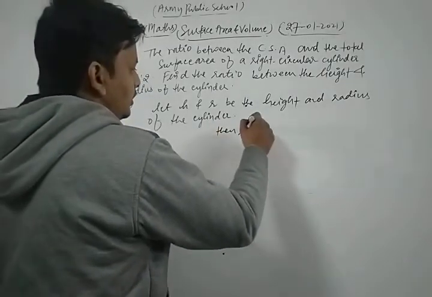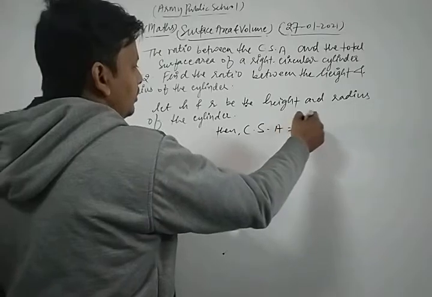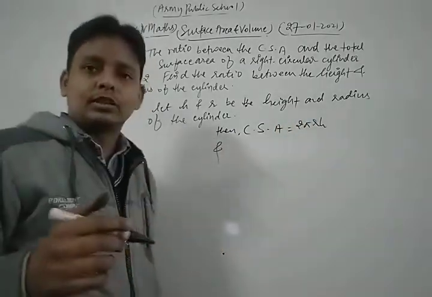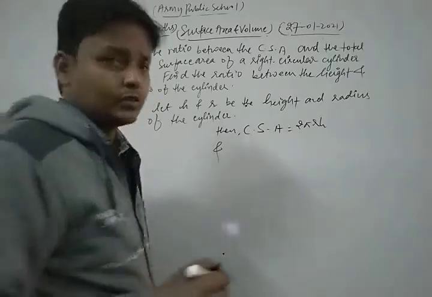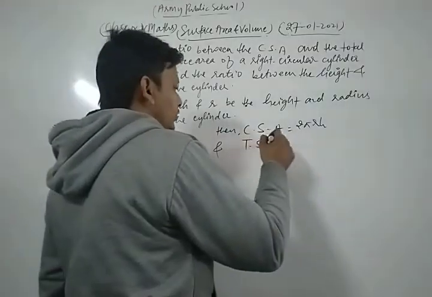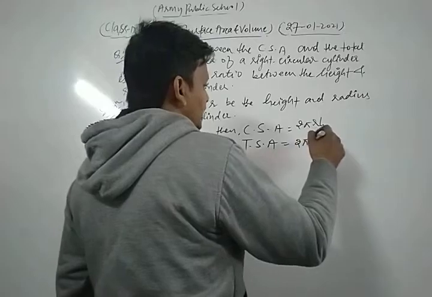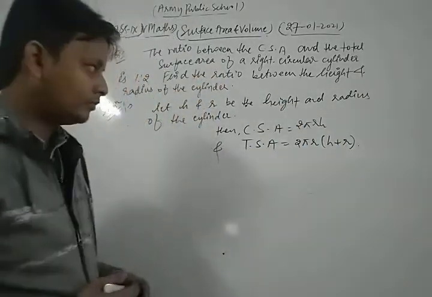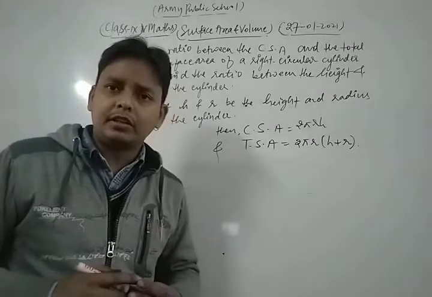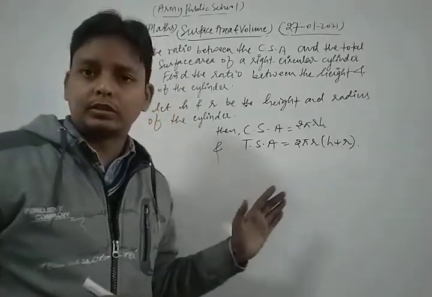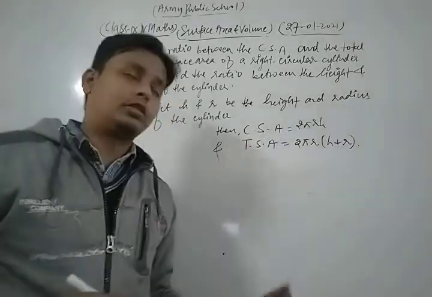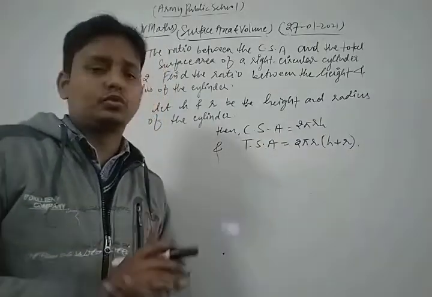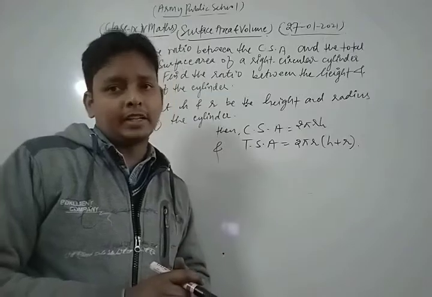Then the curved surface area of the cylinder is 2 pi R H, and the formula for the total surface area of the cylinder is 2 pi R (H plus R). So we have two formulas: curved surface area is 2 pi R H, and total surface area is 2 pi R (H plus R).